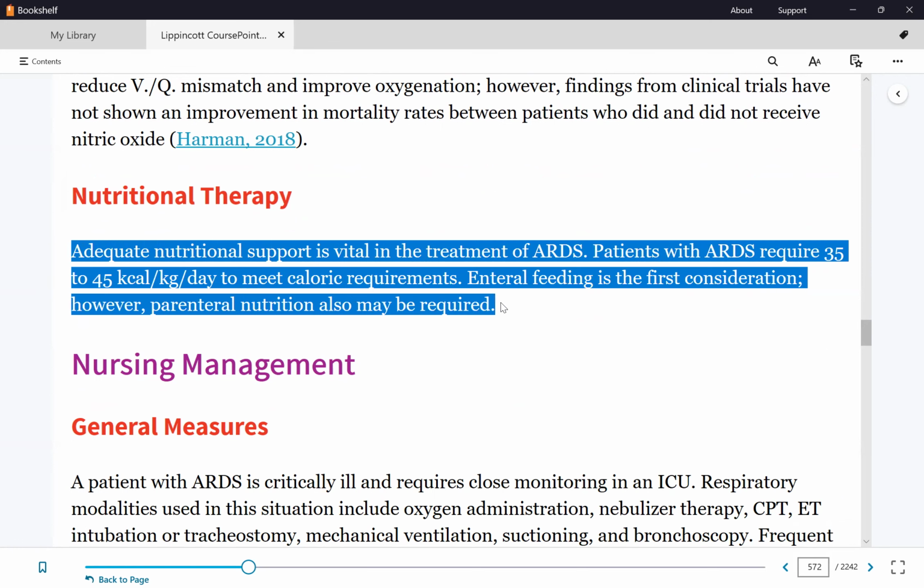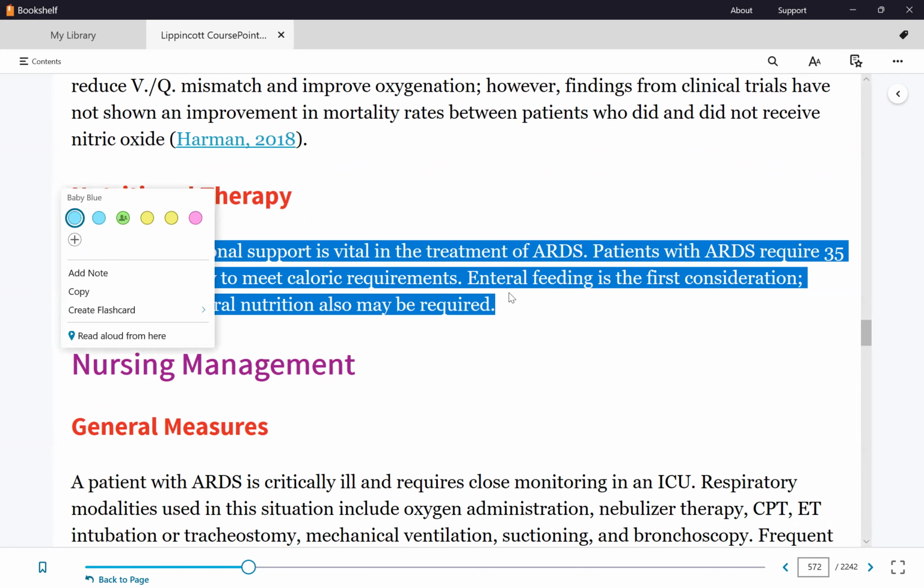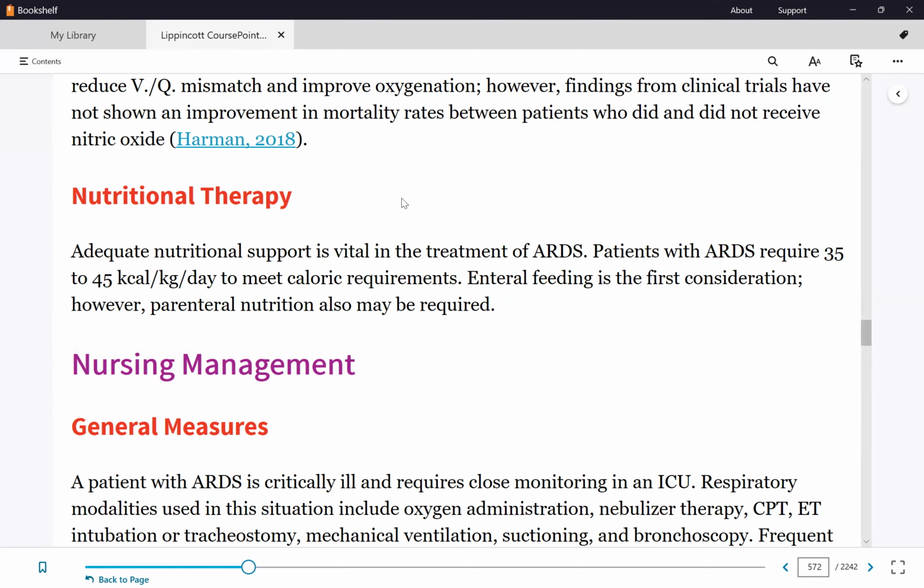This is part of the protocol already, meaning we have a checklist so that we don't forget, because sometimes we're so focused on saving the patient's life, the respiratory and pulmonary support, that we forget the nutrition part. So if the doctors forget, just remind them about a feeding tube. When they say, okay, let's insert one, then we'll start feeding.